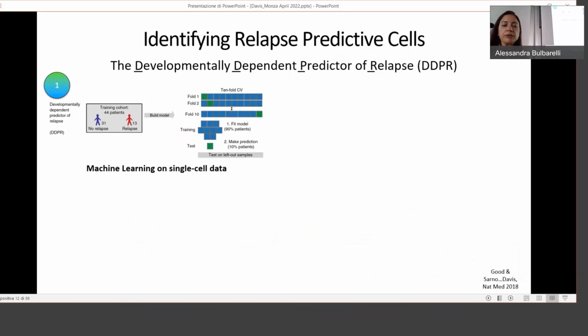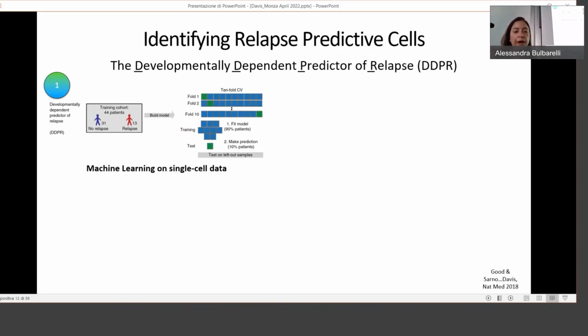And this was published, like I mentioned, so you can look at this paper, but just briefly to set the stage for some of our future work, we used machine learning as a way to extract features from all of that single cell data to try to predict which patients were going to relapse in the future, even though we were taking this information from the sample at the time that they first walked into the hospital and had their bone marrow taken.